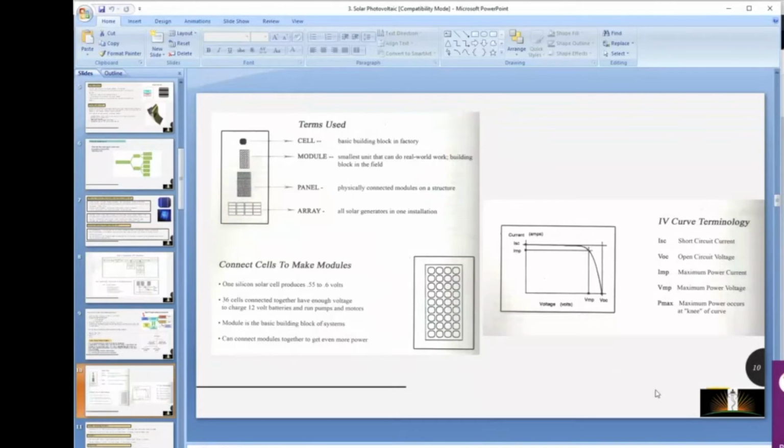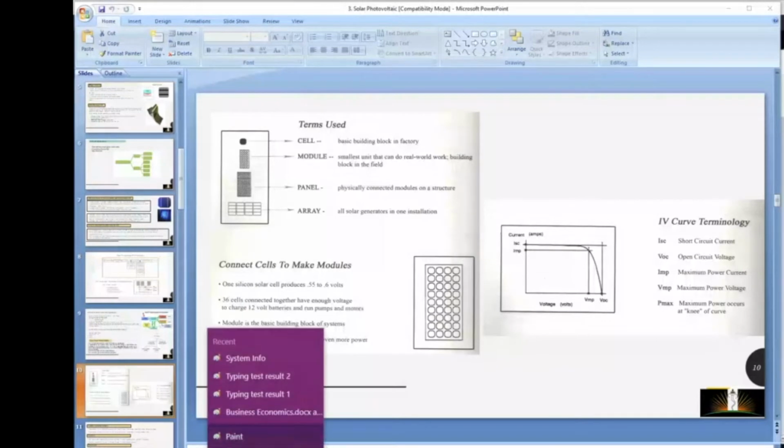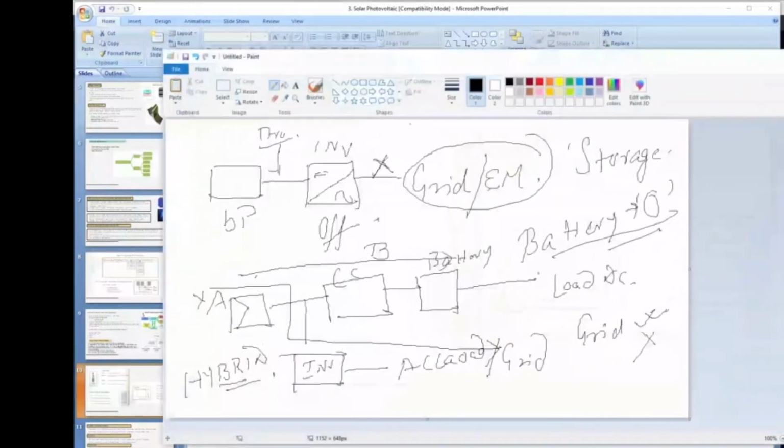Just hold on. Nowadays, when we are designing, if we don't want to check the IV curve and put the values ourselves, we can ask for the .PAN file from the manufacturer. I'm writing it for you guys.